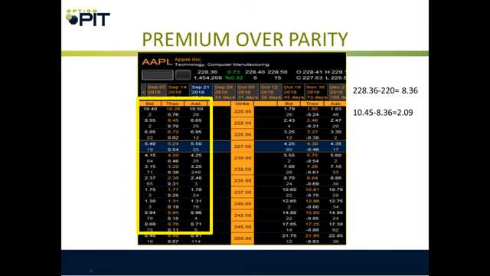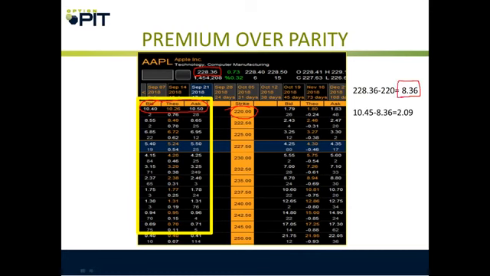So here's a good image of premium over parity. Let's look at the 220 strike. Apple is 228.36, and my option is 10.45. You look right there. So the 220 call: 228.36 minus 220 is $8.36.